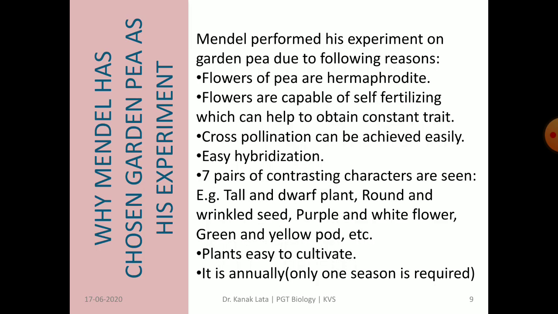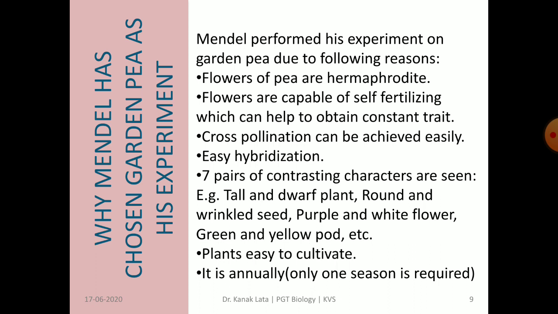Next topic is about why Mendel has chosen garden pea plant for his experiment for inheritance of character. There are several reasons for this. Let us discuss one by one. First is flowers of pea are hermaphrodite, means bisexual.